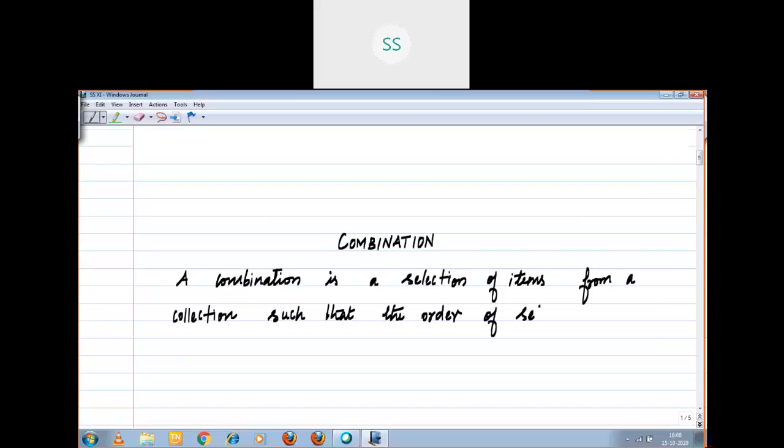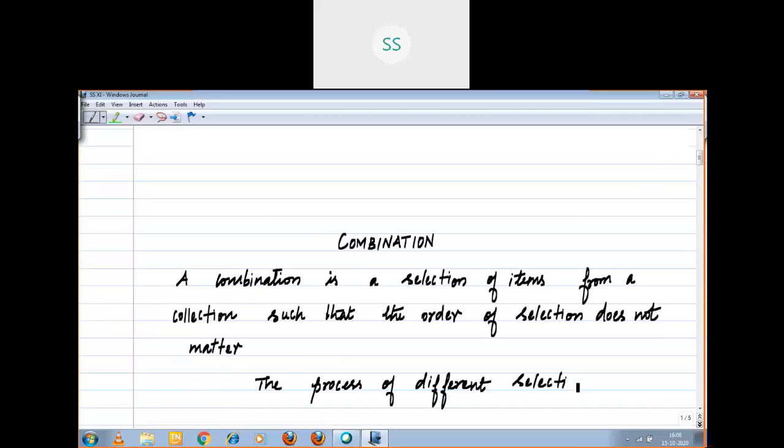Or, you can say like this also, the process of different selection without repetition is called combination.